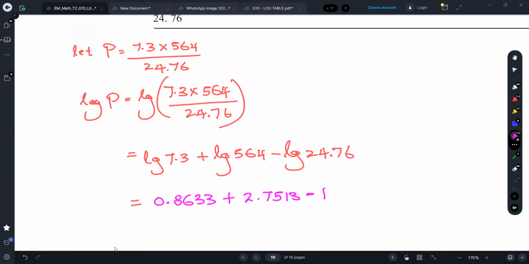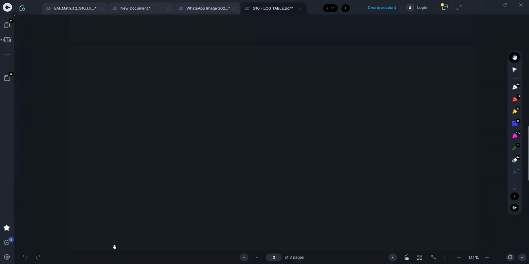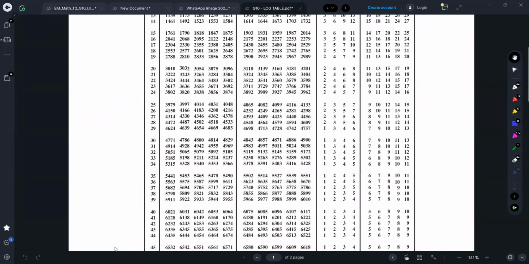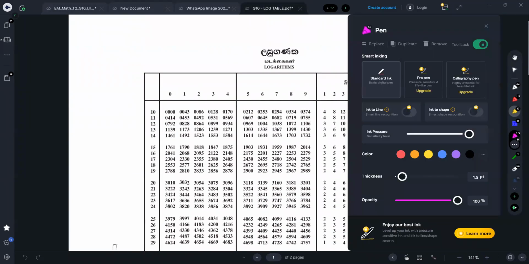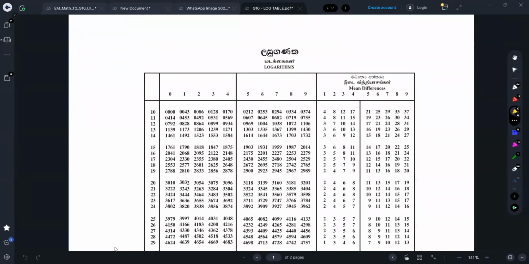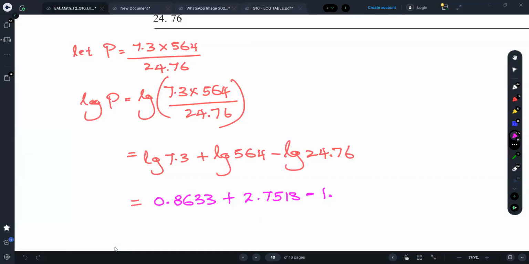Here we have two digits, then 1.2476. 2476. 3927 plus 11. 7 plus 1 is 8. 2 plus 1 is 3. 3938. I can add these two.